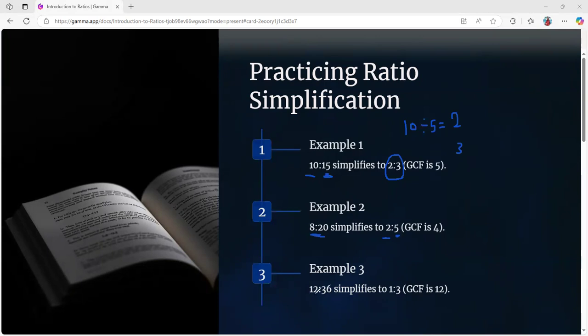Find also the GCF, greatest common factor, between 12 and 36, which is 12. And we will divide 12 by 12, divide 36 by 12 also, to get 1 to 3. We can't divide it more. So this is called the simplest form. 1 to 3.